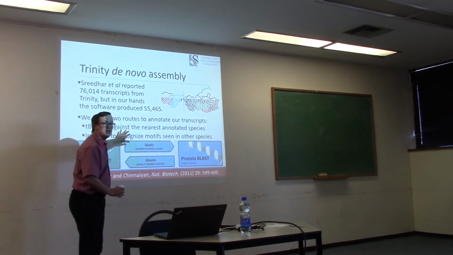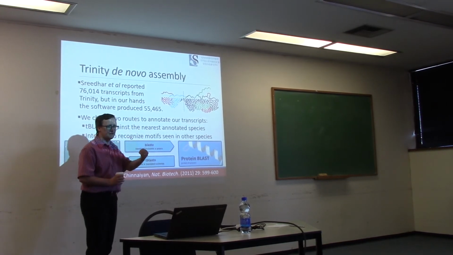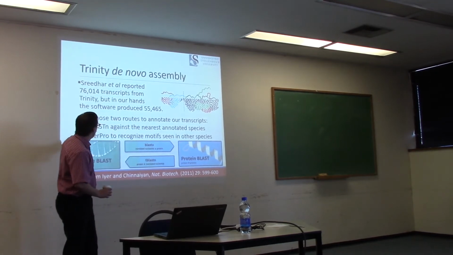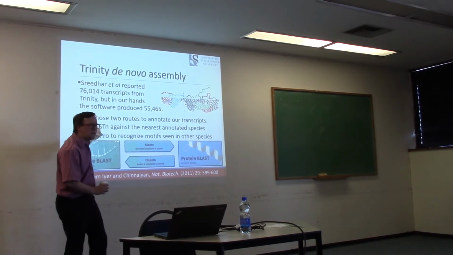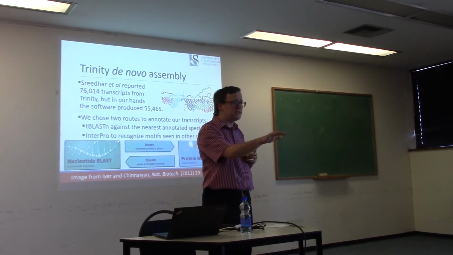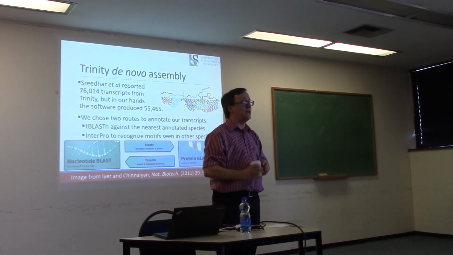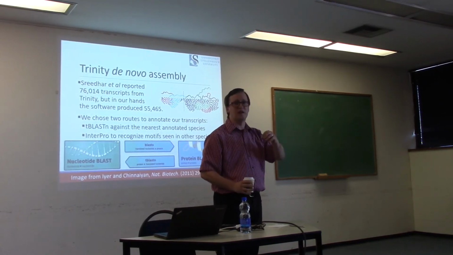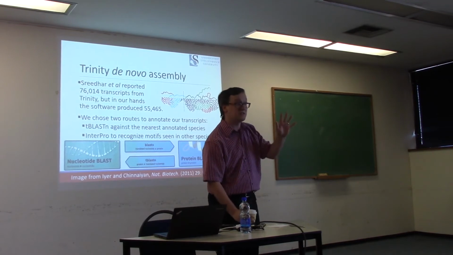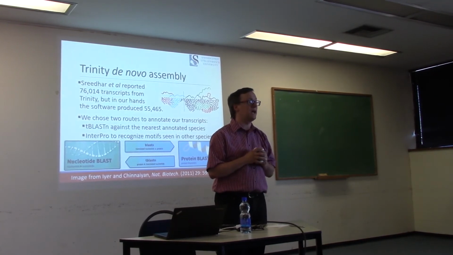But just to begin with, we wanted to add some annotation information, to add some description power. So we thought we would use two different routes. One is tBLASTn. tBLASTn lets us start from a transcript and search against a protein. So if we're able to assemble a set of proteins, we can do a search. Now, we started by trying to run tBLASTn on the servers over at NCBI.